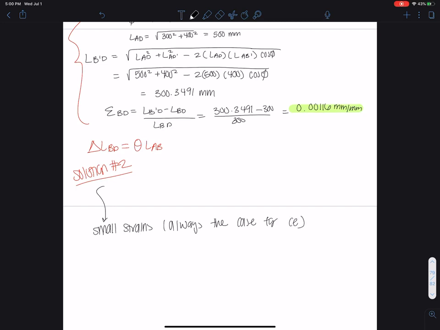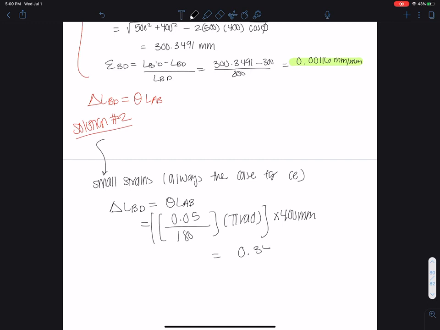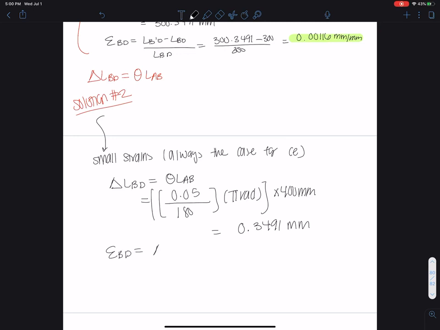Okay, and basically we can find the difference in length just by saying that's equal to theta LAB, and we can say that's equal to 0.05, which is given, over 180, we're going to convert this to radians, times pi radians, and then all of this times that 400 millimeters, and we get 0.3491 millimeters, and we can directly now find the strain, and we get 0.00116, the exact same answer.